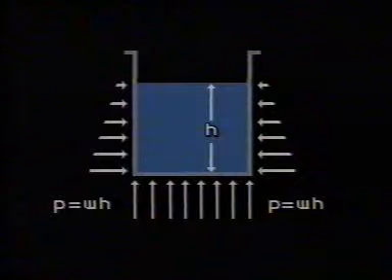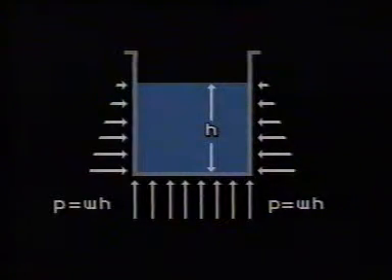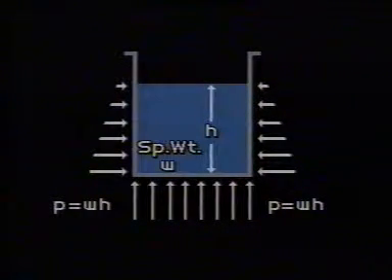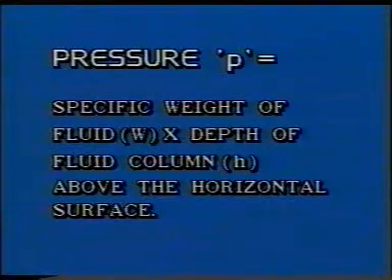The magnitude of fluid pressure on any horizontal or vertical surface at a depth h below the free surface depends on the depth and the specific weight of fluid, W, and is given by: pressure equals specific weight of fluid times depth of fluid column above the horizontal surface.